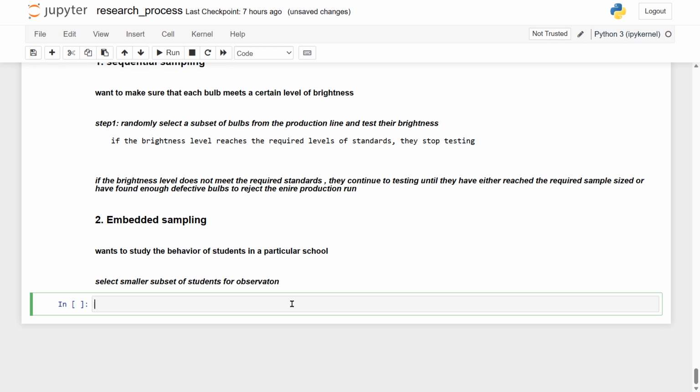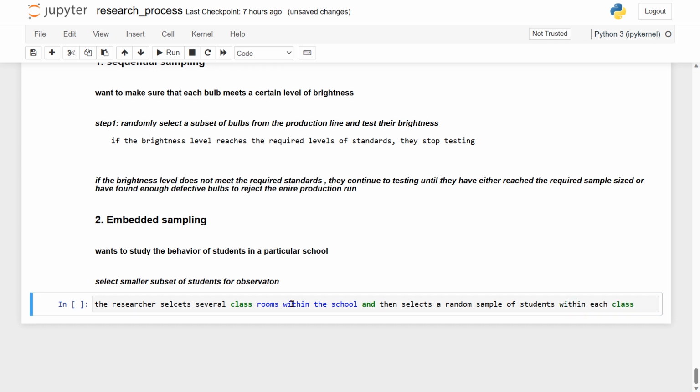So now the researcher selects several classrooms within the school and then selects a random sample of students within each class.